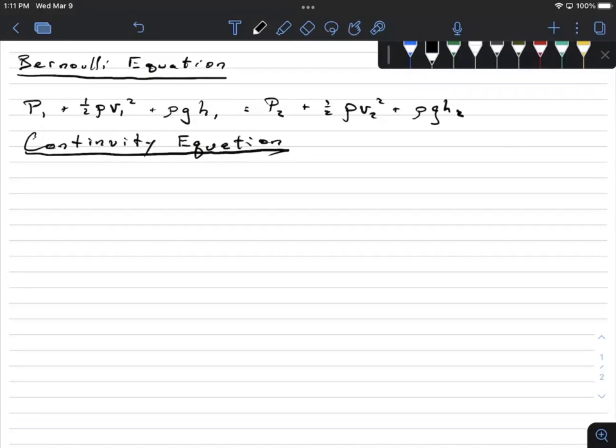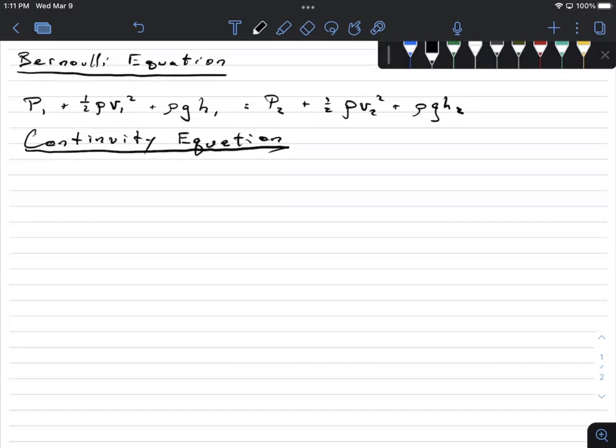And it turns out that the speed of the fluid can change based on how big the pipe is. If you change the size of the pipe that the fluid flows through, that'll change how fast the water or the fluid can move. And specifically, the equation goes like this. You could call it the volume flow rate, that's the amount of water that flows per second, or the mass flow rate, which is the mass of the water that flows per second.